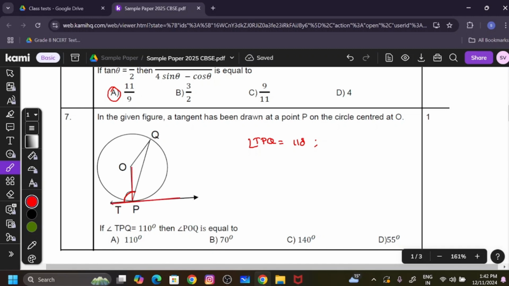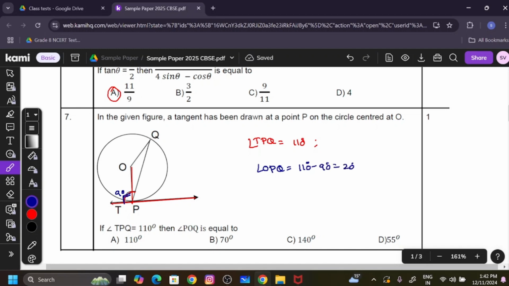We know that the radius drawn through the point of contact is at right angle to the tangent. That means angle OPT is 90 degrees. Angle OPT is 90, so angle OPQ will be 110 minus 90 degrees, which is 20 degrees.